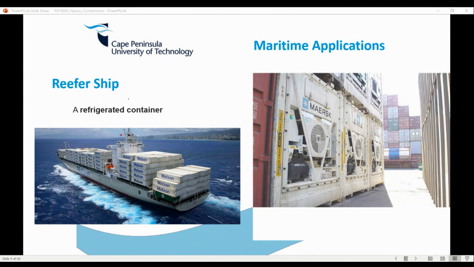I've worked on refrigeration systems as a third engineer. Once I changed a compressor, and I've cleaned the condensers. I've worked a lot on the refrigeration system. Once we had a problem with the compressor.